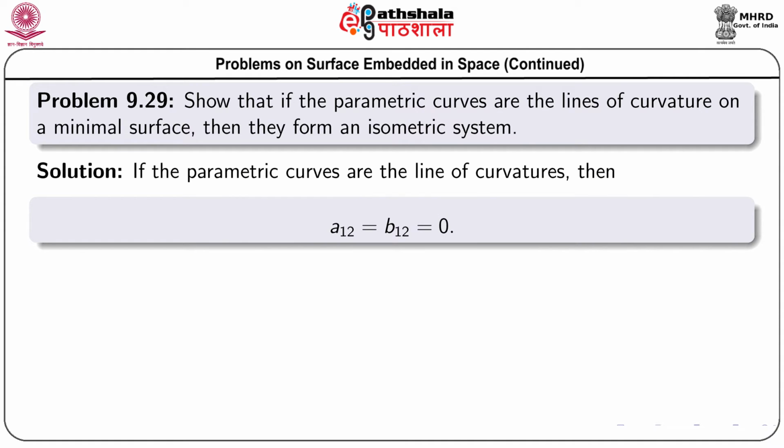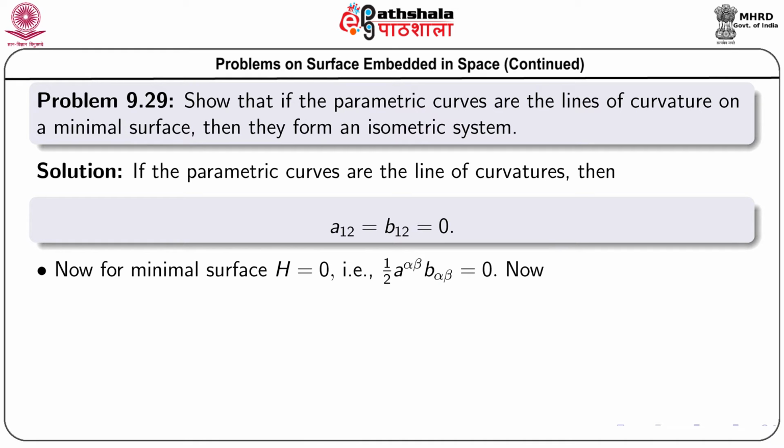Now, if the parametric curves are the lines of curvature, we have these conditions. In our earlier modules, we have deduced this one, that if the parametric curves are the lines of curvature, then A12 equals to B12 equals to 0.